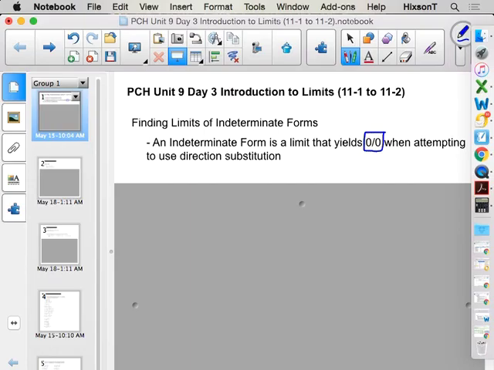Now, why is this called an indeterminate form? Well, here's your English lesson for the day. We've got a prefix here that means not, okay? If something is innumerable, it's not able to be numbered, okay?